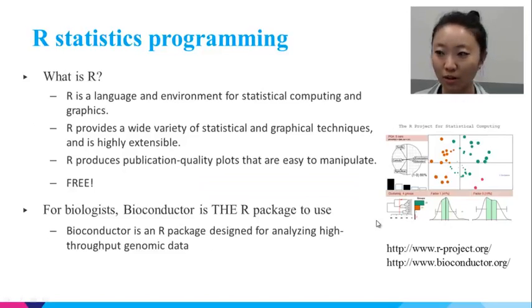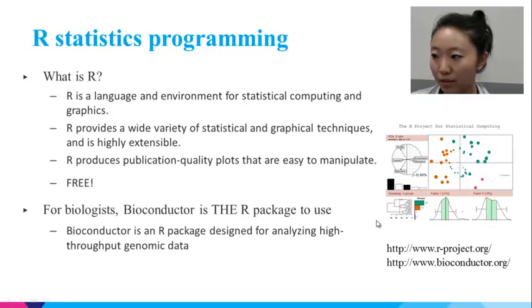So, what is R? It's a language and environment for statistical computing and data visualization. It provides a wide variety of statistical and graphic techniques. It produces publication quality plots and is easy to manipulate.